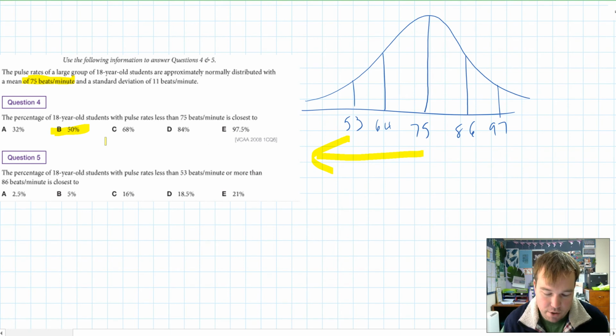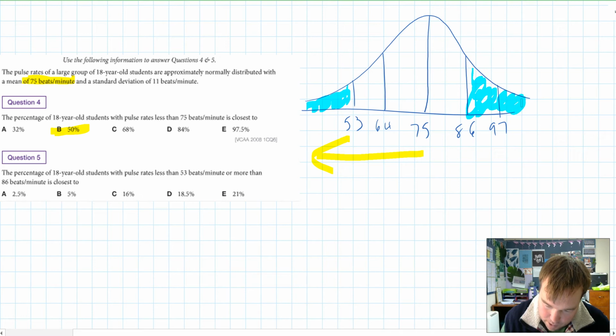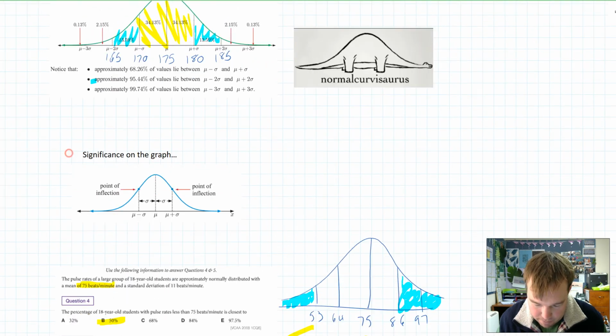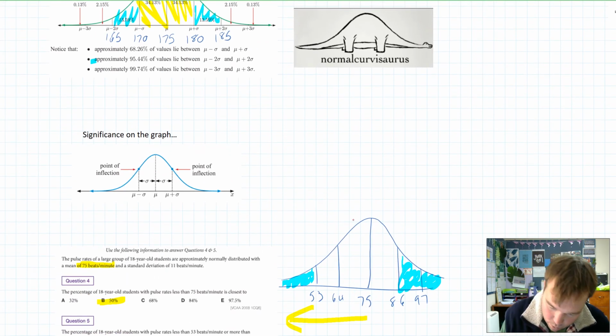The percentage of 18-year-old students with pulse rates less than 53 beats per minute, here, or greater than 86, here. Now note, we will then have to go and refer to our normal curvosaurus up here. So this is 1 standard deviation down, 2 down, and this is 1 above.